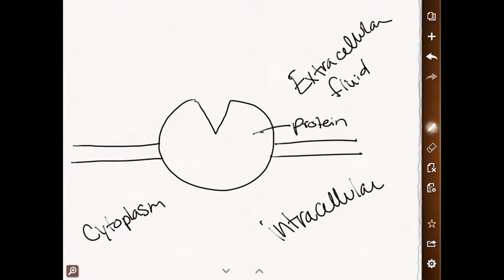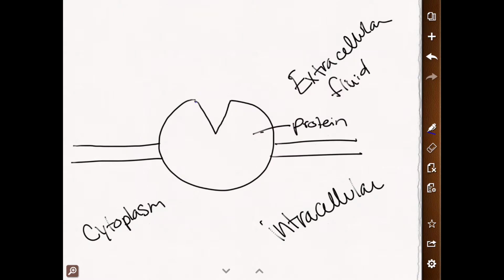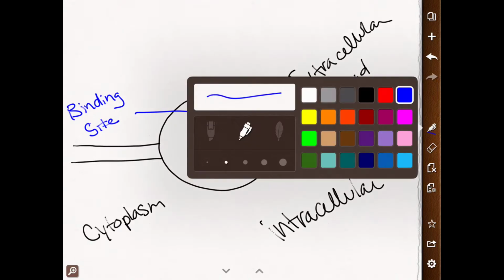And then I'm going to change the color here. Actually, let me do this in blue. So this blue region here, we're going to refer to as a binding site. A binding site, okay? And then we'll have something on the outside here.